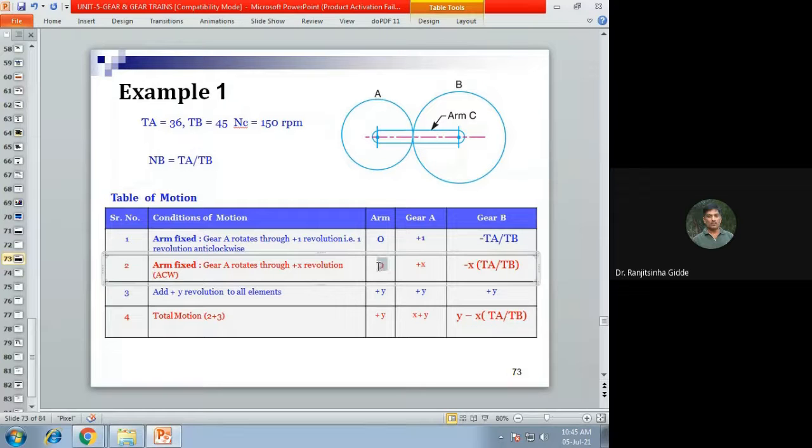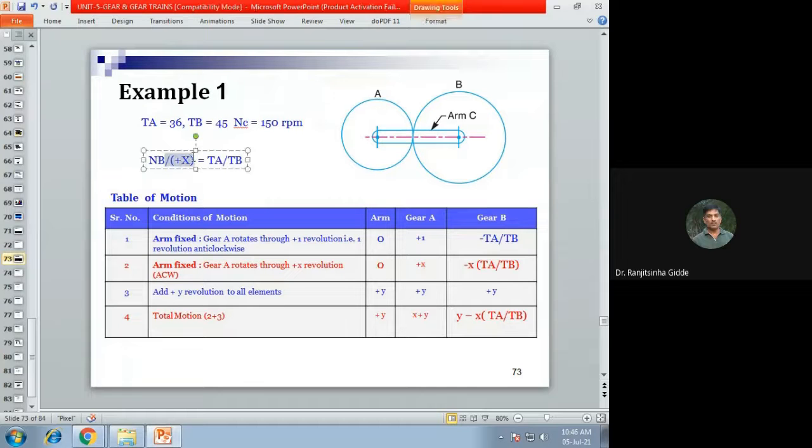So here 0 as it is, plus X. Again we know how to find out for B. Here NB upon NA is equal to TA upon TB. So what is the speed of A? Here plus X. Okay, that we have added.